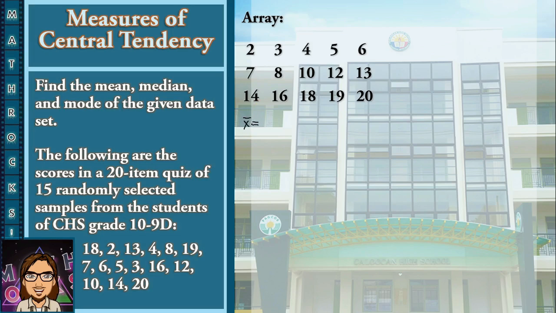Take note that the mean is also known as the arithmetic average. So we solve for the mean the way we solve for the average, and that is by adding all of the observations in the given dataset and dividing such sum by the number of observations in the given dataset. For this example, we have 15 observations.